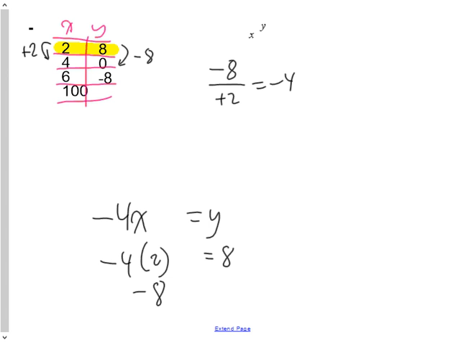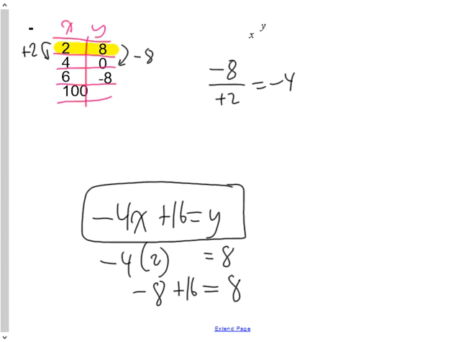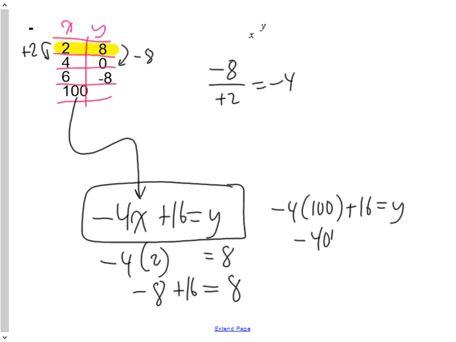Since negative 8 does not equal positive 8, I need to add 16 to negative 8 to get positive 8, which means that is your equation. Take 100 and substitute it in for x to get your y. And negative 384 will equal your y.